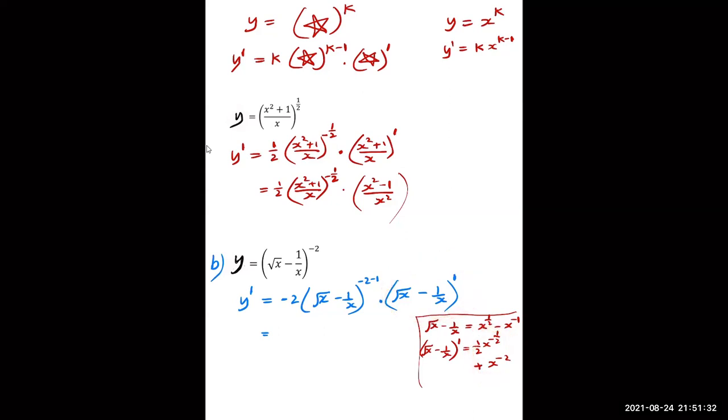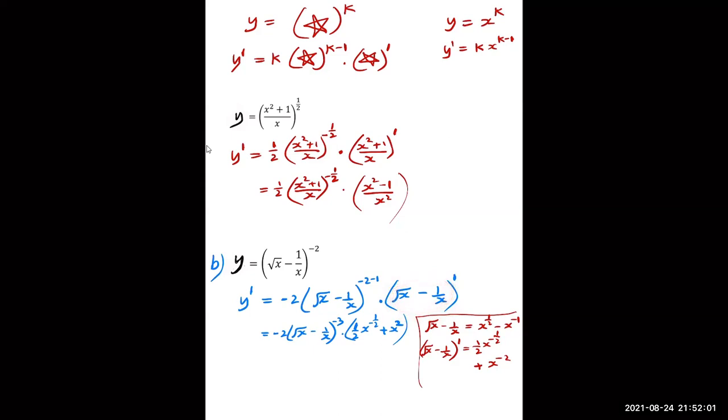So this is equal to minus 2 times (square root of x minus 1 over x) to the power minus 3 times 1/2 x to the power minus 1/2 plus, pardon me, x to the power minus 2. I just replace this by the derivative of this function.